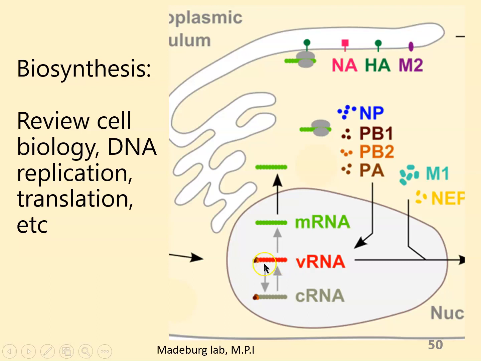So it's negative sense single-stranded RNA. In order to do any translation, influenza virus has to make a reverse complement. So it uses these little enzymes to make a reverse complement, and that ends up acting as messenger RNA that is sent out of the nucleus into the cytoplasm.